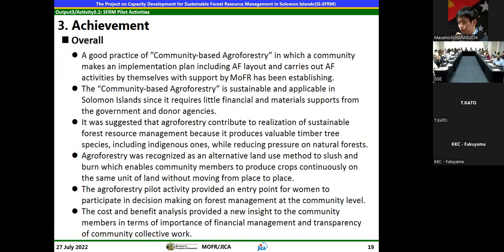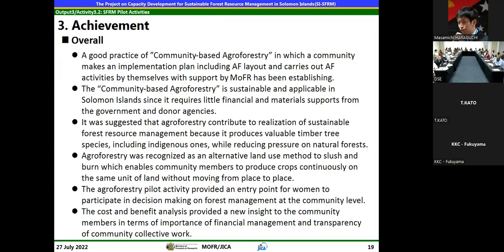Okay, the overall achievement in the agroforestry activity in these two communities: we can see that they practice community-based agroforestry, in which the community makes their own implementation plan. They have their own layout. They choose their own plan.